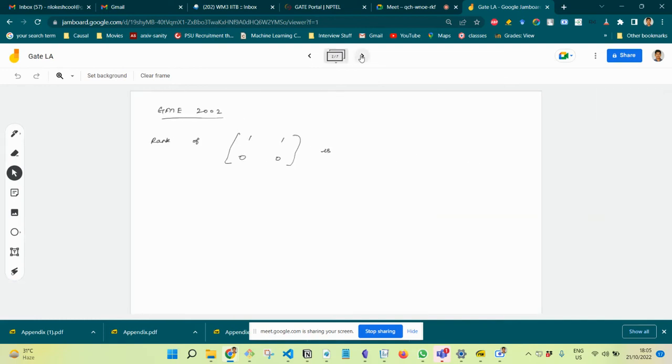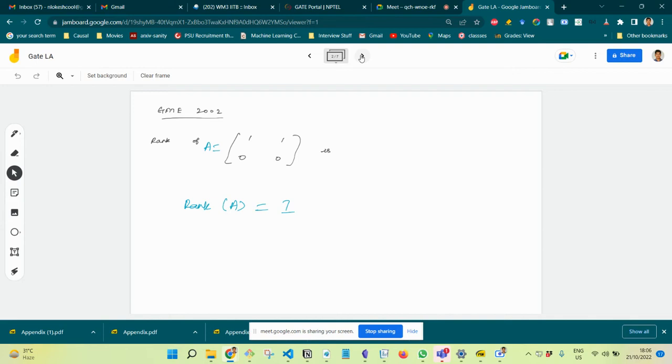Then we'll move on to the next question. I think this question is very simple. Can you tell me the rank of this matrix? Let's assume this is A. Then rank of A equals exactly 1. Why? Because it's already in row reduced echelon form, and in the beginning of the sessions, we saw what RREF is.